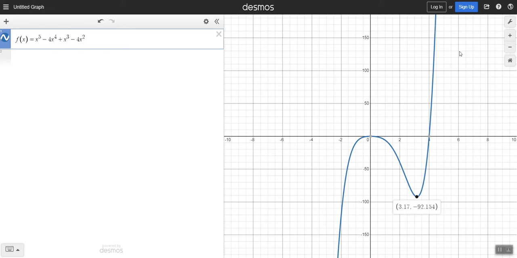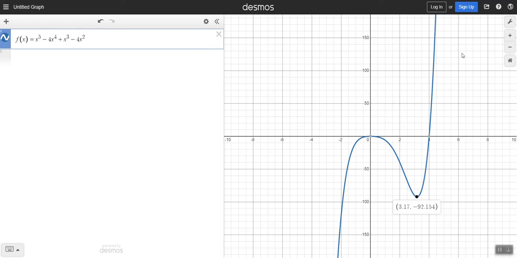So I'm just going to add this additional information. We knew our 2 x-intercepts. I'm going to go down by, let's see, I'll go by 20s, 20, 40, 60, 80, negative 100. And I'm going to put that turning point at about 3.2, negative 92, roughly here.